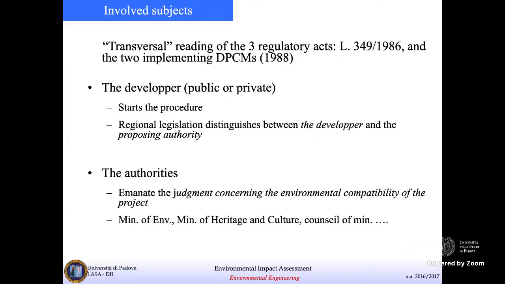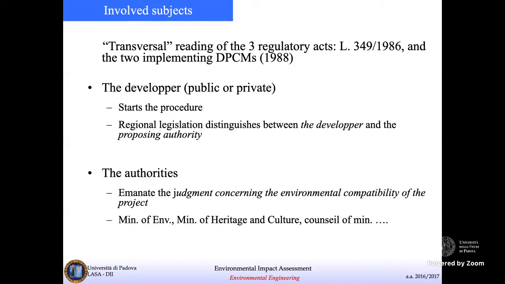We have some nuances distinguishing between public or private. So, for example, in our regional legislation, we distinguish between the developer, who is a private, and the proposing authority that is a public subject. So also public authorities that propose works should undergo environmental impact assessment.